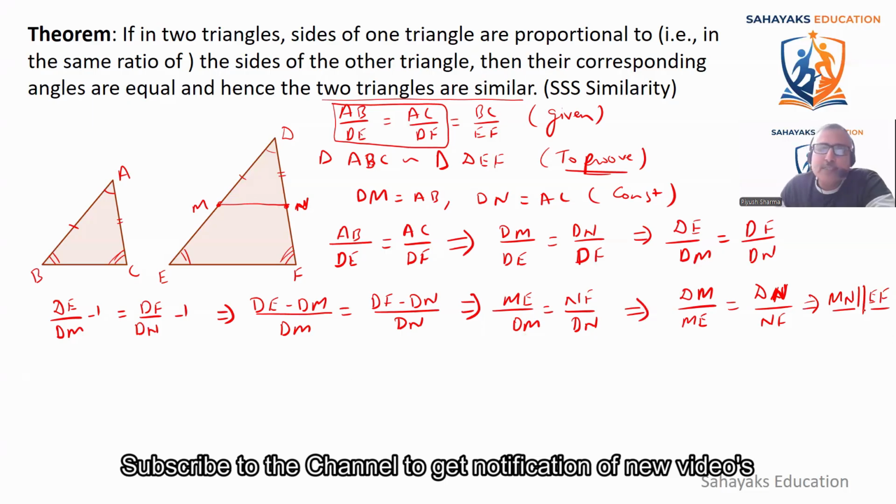What does that imply when these two lines are parallel? I'll consider this angle as angle 1 and this as angle 2. So angle 1 is equal to angle E. Angle E is this angle. Why?